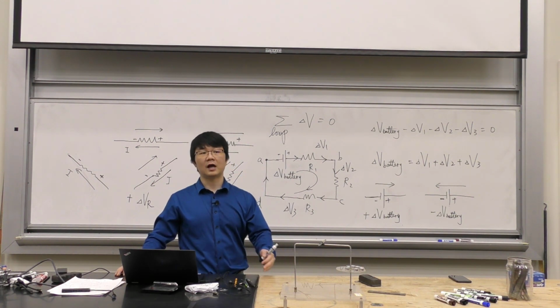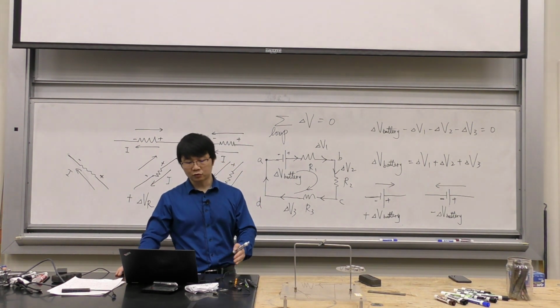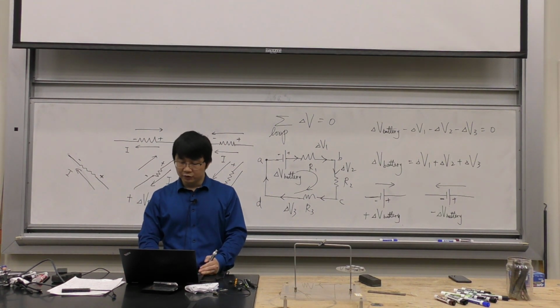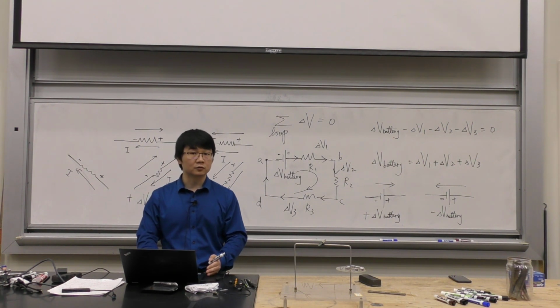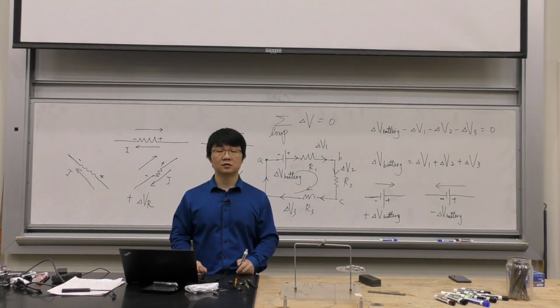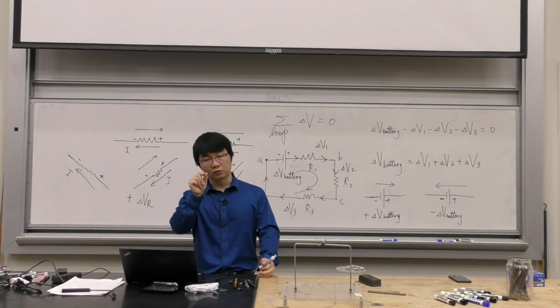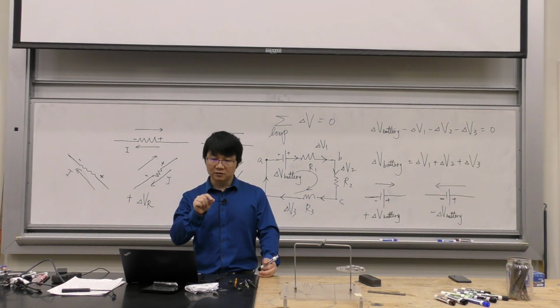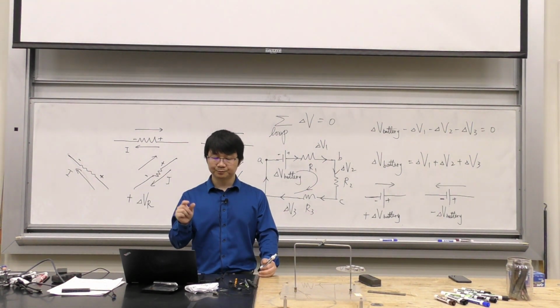So how do I know that I write a new equation using a junction? In order to get a new equation, you need to include at least one new current when you pick a new junction. So say there are 10 junctions in this circuit. I already used 5 junctions to write down 5 equations. And then when I use the 6th junction, I want to write a new equation.